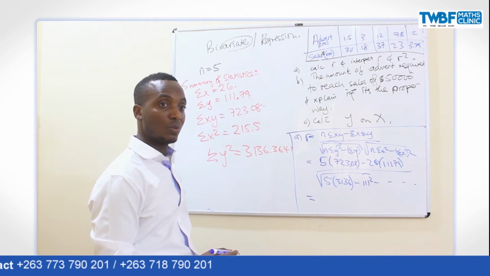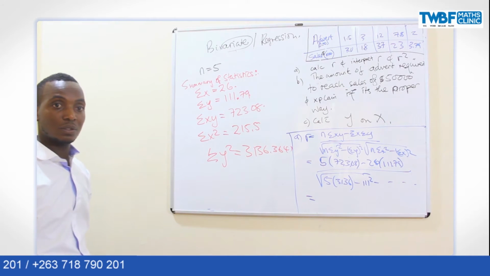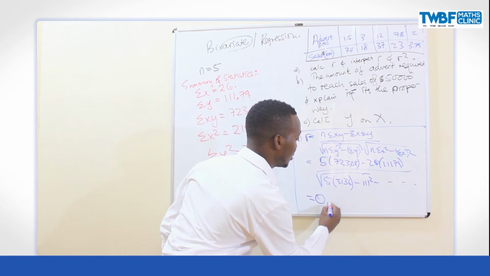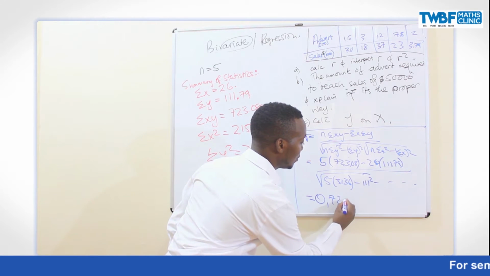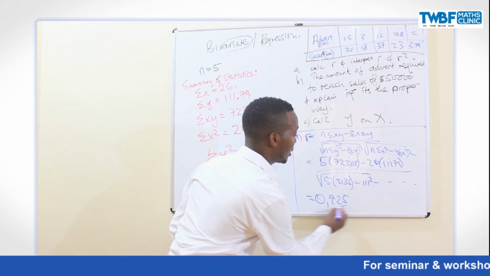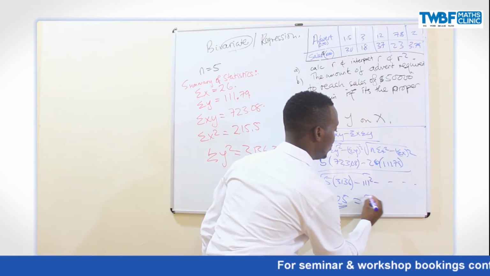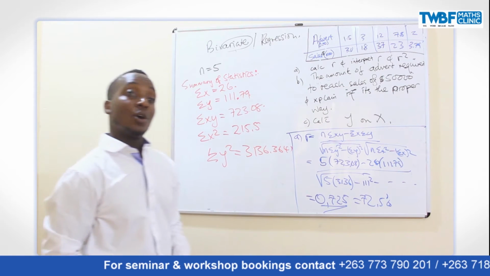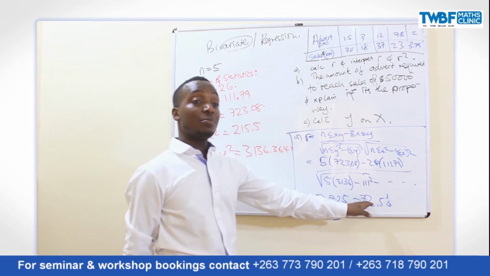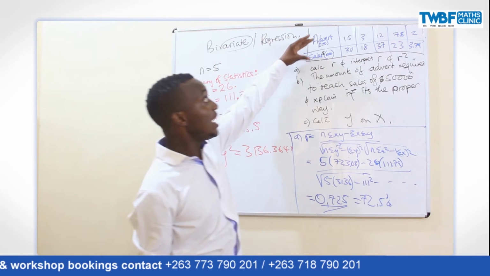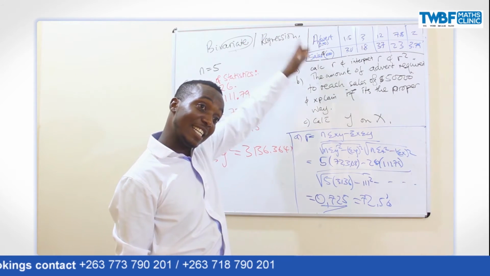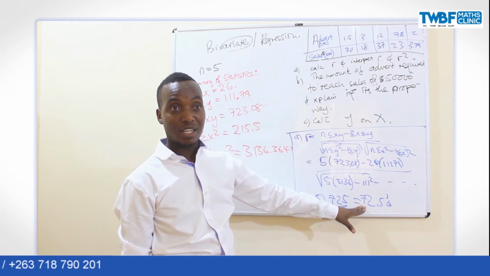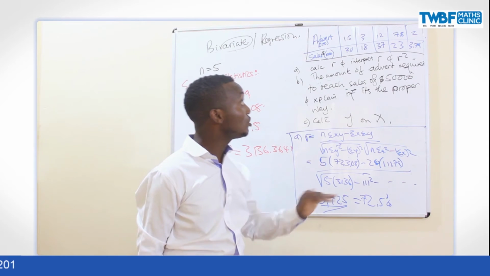The answer is 0.7250, which is close to 72.5%. This means there is a strong positive relationship between advertising and sales, as shown by 72%. That's the strength of the relationship that exists between these two.